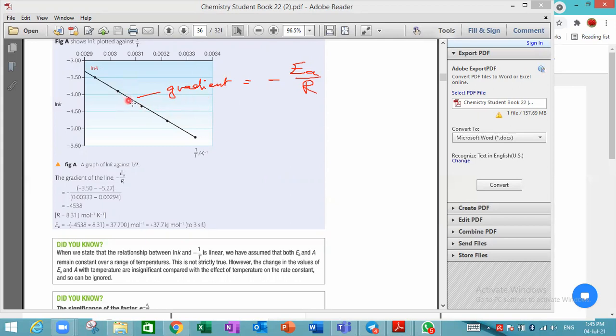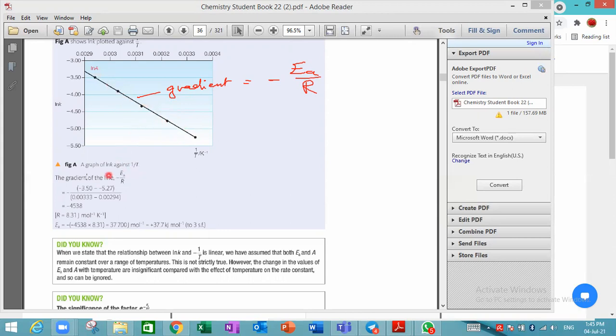Of course, they shouldn't be too near to each other, and they shouldn't be too far away from each other either, because I've noticed that in the mark scheme, if we take a big difference between the two points, our results are not coincident with the mark scheme. So take the points far away, but not too far away from each other.